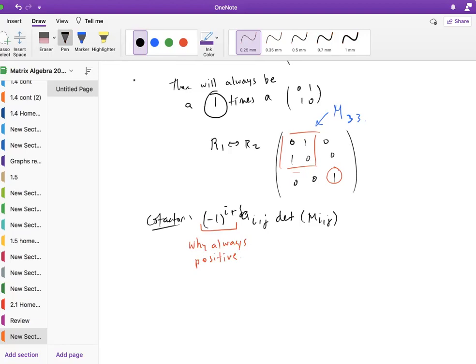Yeah. It's either odd plus odd or even plus even, because i plus j is always even. In fact, you can make i plus j always even: i equals j.